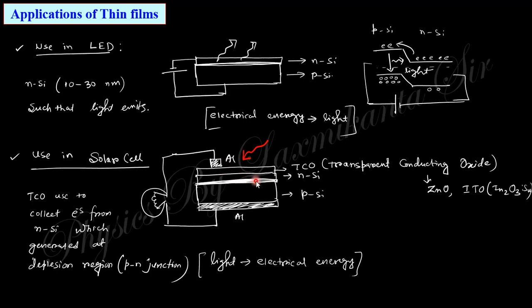At the junction it generates electron-hole pairs, and they are collected by this layer here and this aluminum, and they flow in the outer circuit, and this gives you the power. So from light it can generate electricity. Light energy is converted into electricity in the solar cell. In an LED it is the opposite: electricity is converted into light. Okay, so these are the uses of thin film.